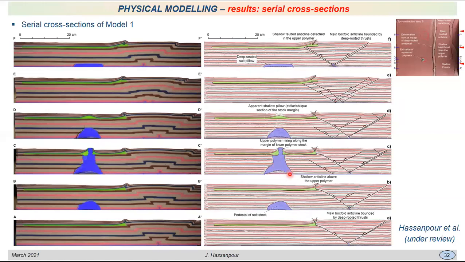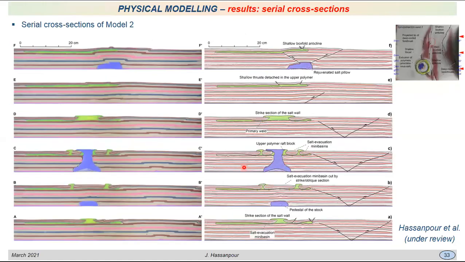And in the case of the southern part of the model, which is the salt stock part of the model, we have got the extrusion of the lower polymer in the center and some rising of the upper polymer in the flank of this central salt stock. And in addition, as you can see in the cross section, we have a shifting of the box fold and the thrust toward the foreland in this part of the model where we have the salt pillow.